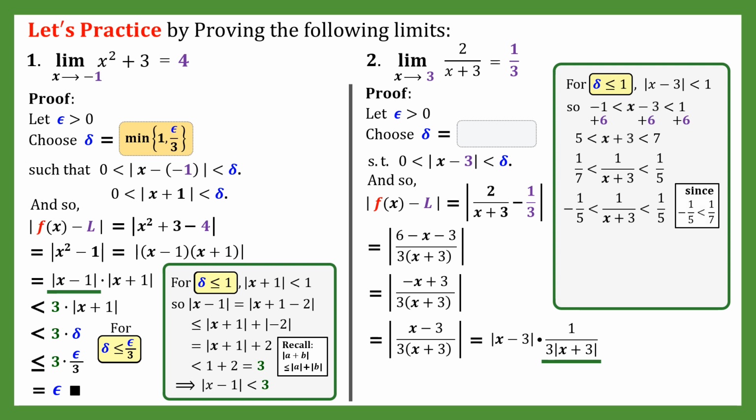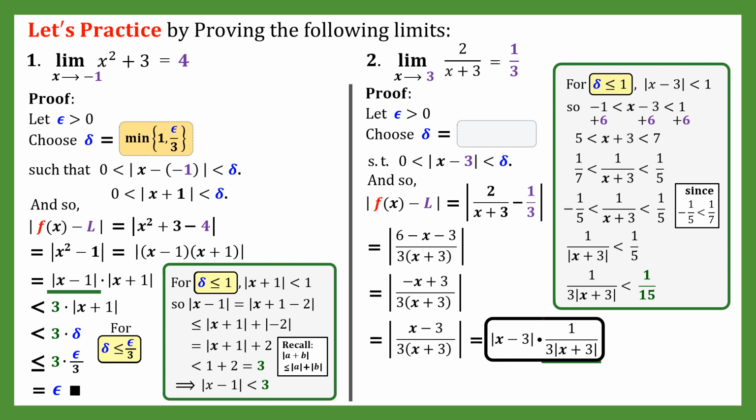Since negative 1/5 is less than 1/7, and by definition, this means 1 over the absolute value of x plus 3 is less than 1/5. Multiplying both denominators by 3, we get 1 divided by the product 3 times the absolute value of x plus 3 is less than 1/15.